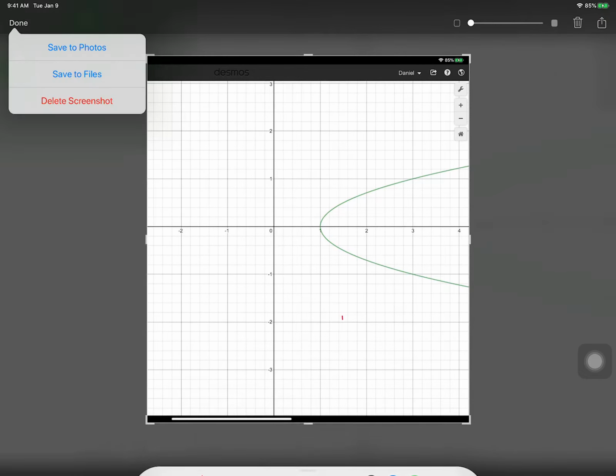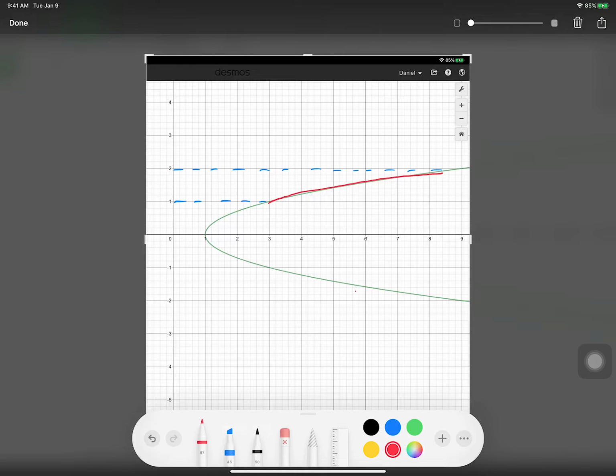Here's y from 1 to 2. And we're going to take this portion of the curve and we're going to rotate this about the x-axis still.